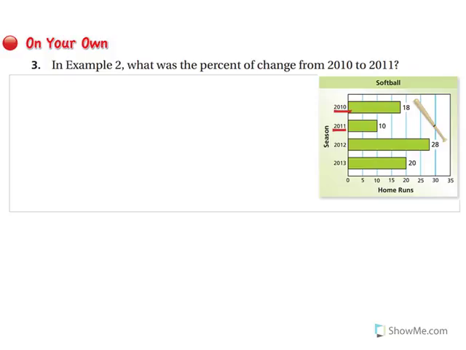All right, let's take a look at this problem. You look at the percent of change from 2010 to 2011. So it went from 18 to 10. So this is a percent of decrease, right? So we're going to take the original, subtract the new, and divide that by the original.